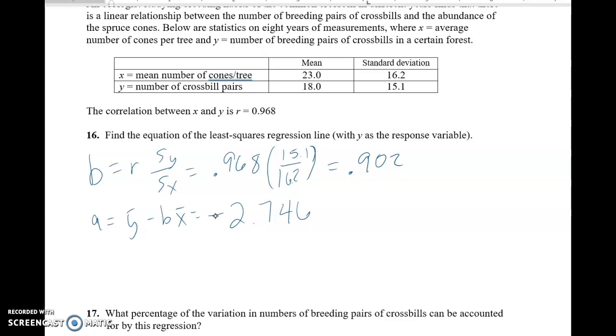Okay? So our predicted number of crossbill pairs is negative 2.746 plus 0.902x, where x is the mean number of cones per tree. Okay?